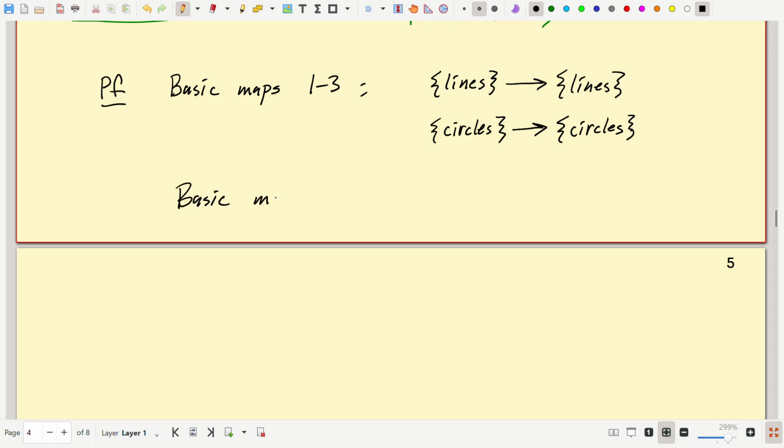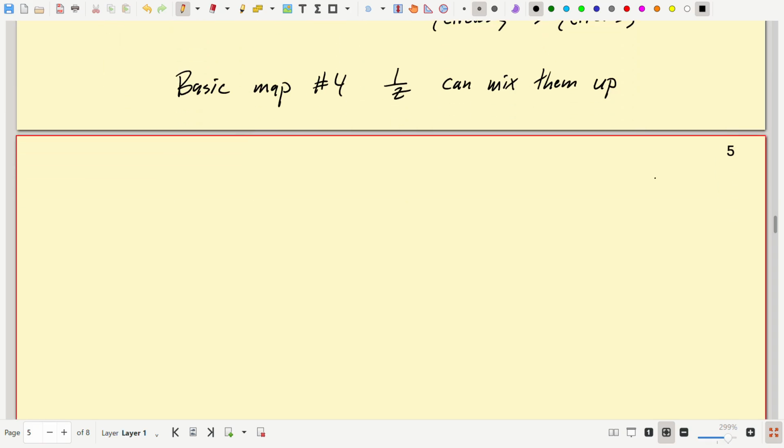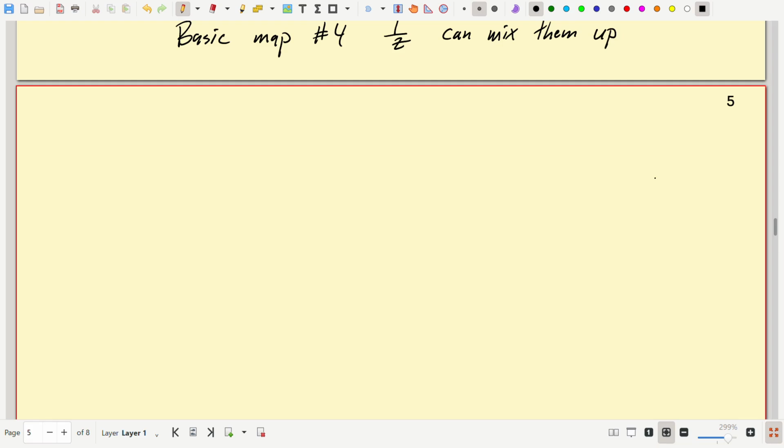So the basic map number 4, which is 1 over z, can mix them up in all possible combinations. If you wanted to check it, you'd use just basic high school analytic geometry. But let me draw you the basic pictures. Let's take a line that goes through the origin. 1 over z maps that to a line that goes through the origin.